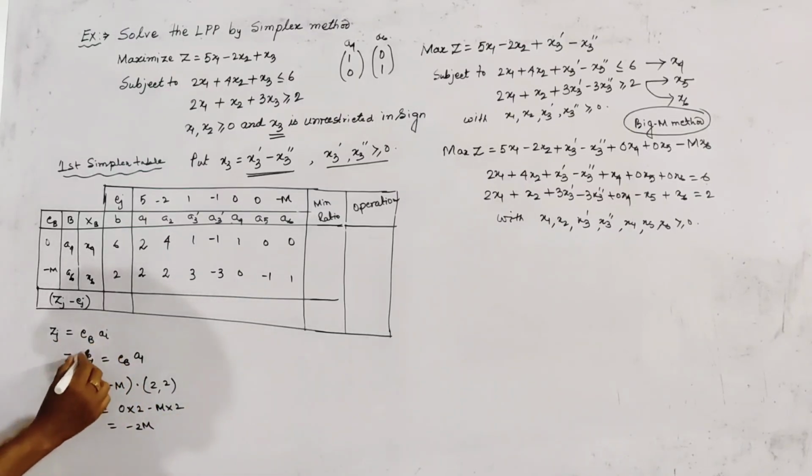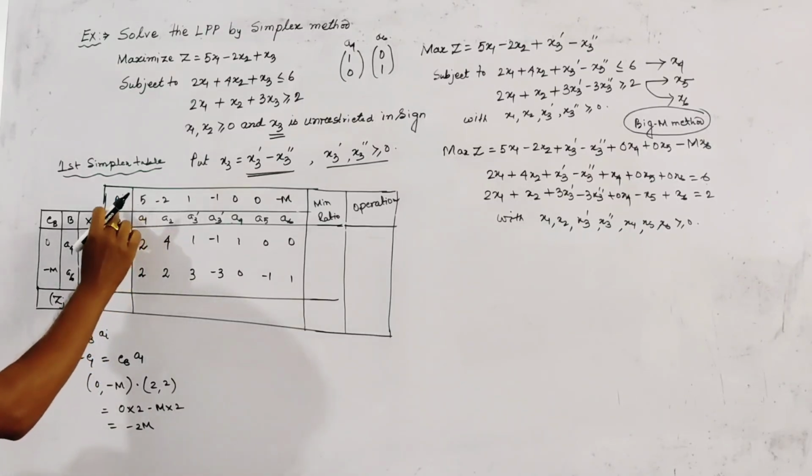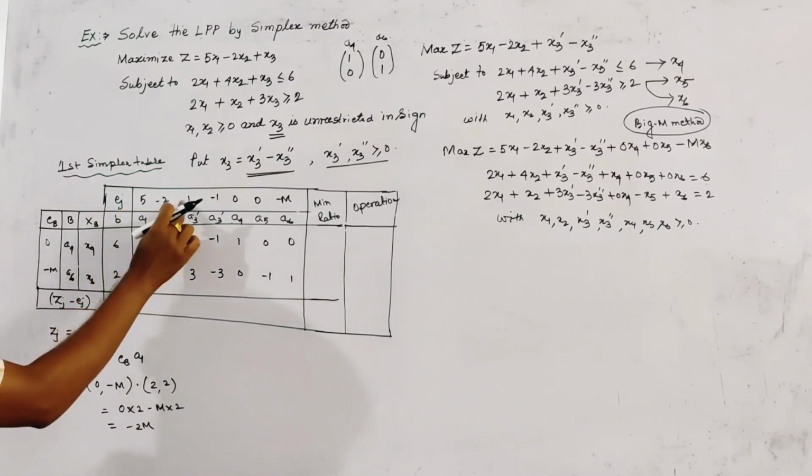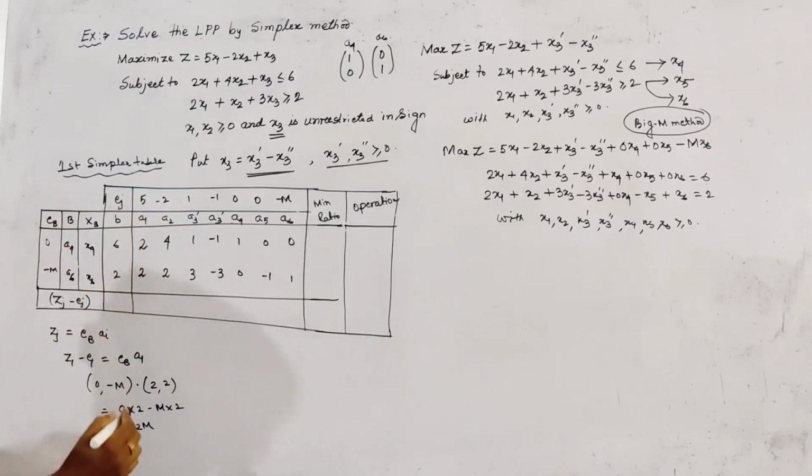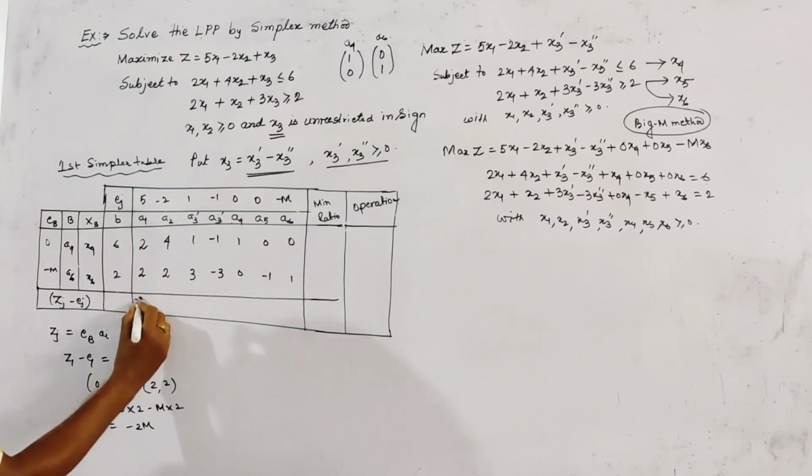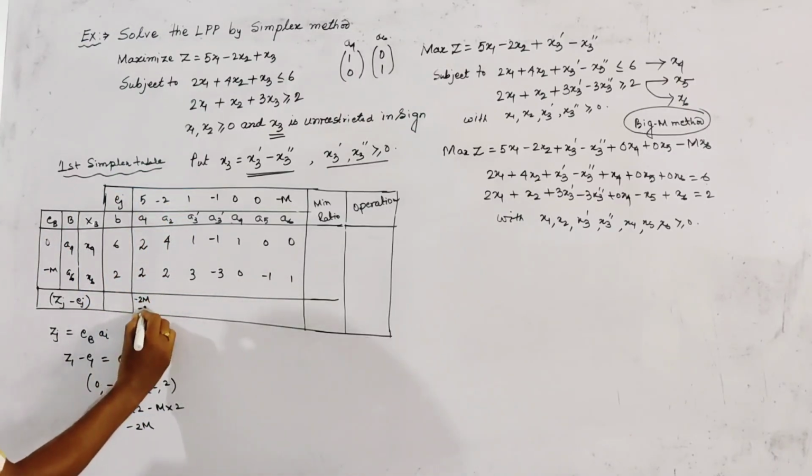Now Zj minus Cj, that is C1. Here C1 is 5, right? Cj means C1, C2, C3, C4 and so on. So we get minus 2M minus 5.